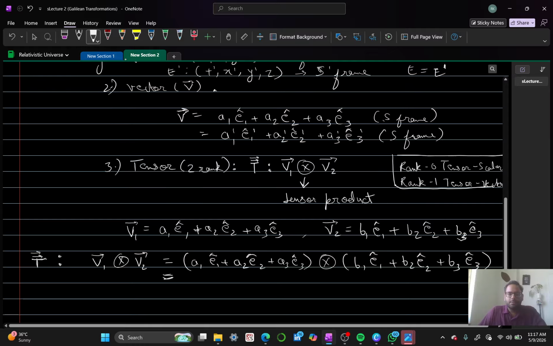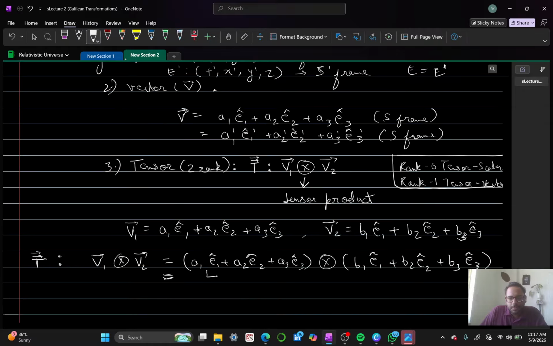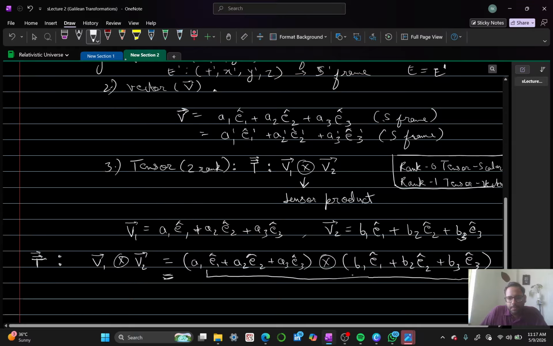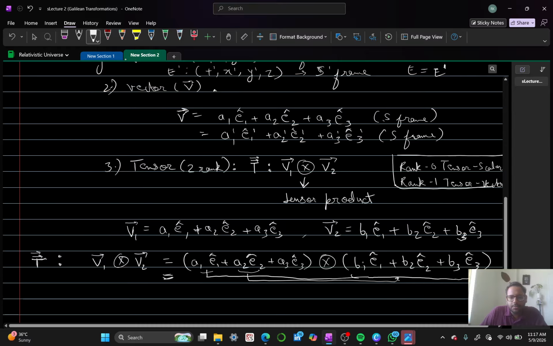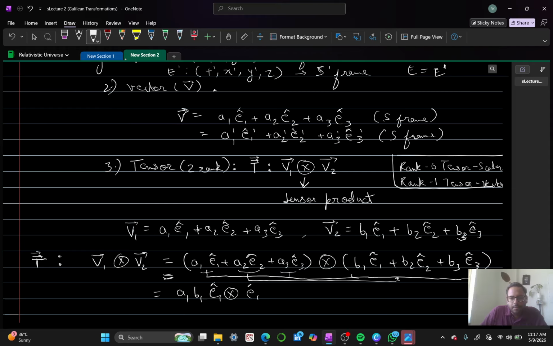That's fine. So how we define this product is to take the first one and multiply with this whole vector, all three components. Then we will take the next one and again multiply with the whole second vector, one by one. So it will be a1 b1, e1 tensor product with e1.